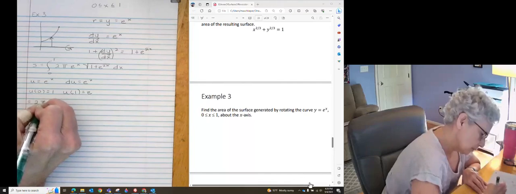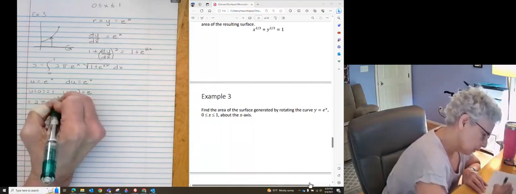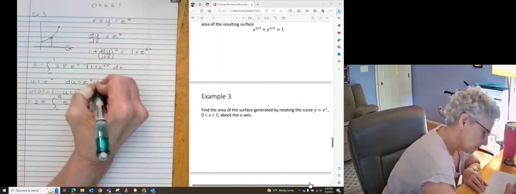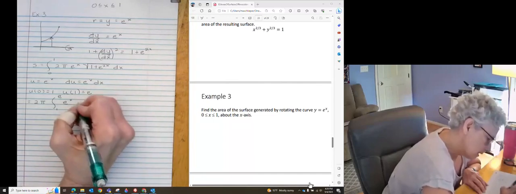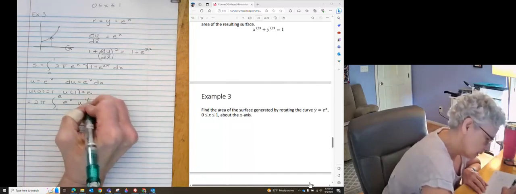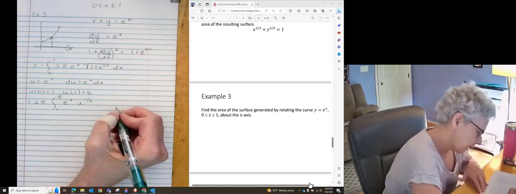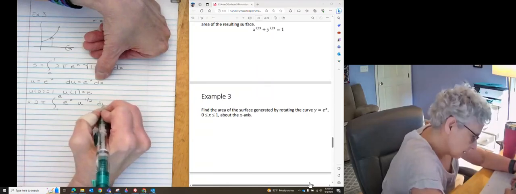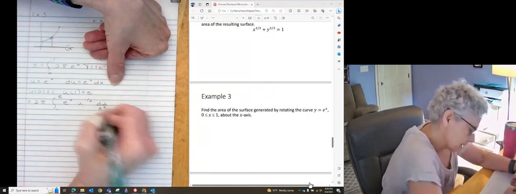So go ahead and pull 2 pi out. We'll go from 1 to e. We have e to the x times the square root of 1 plus u squared, and then this would be du over e to the x.